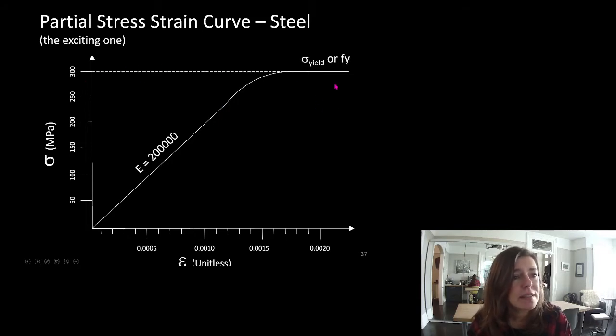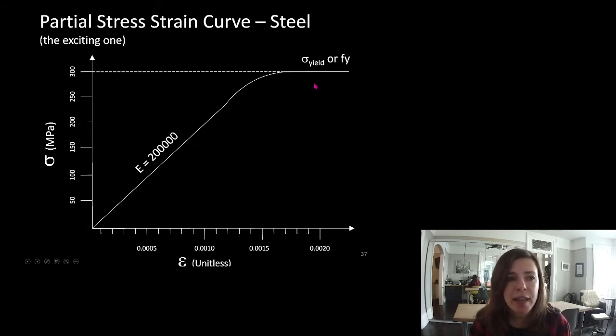Yield, or in steel, for different materials, we will call these values specific things. We have our yield stress and our ultimate stress. Some materials don't have a yield stress, and for each material, we tend to give it a specific name. For steel, we call it Fy. I think it's because it was really hard pre-computers to always write in Greek letters.